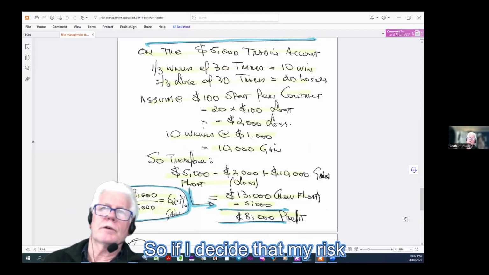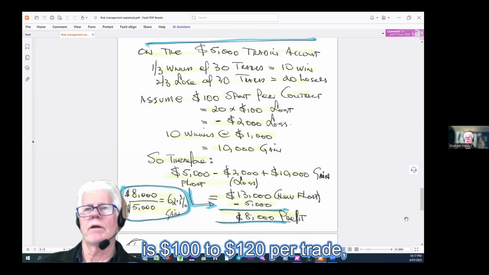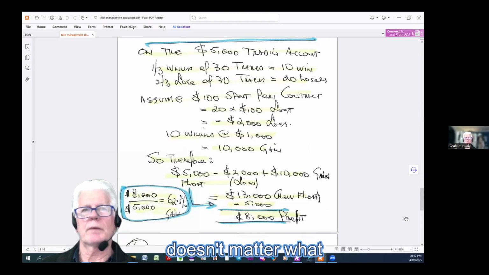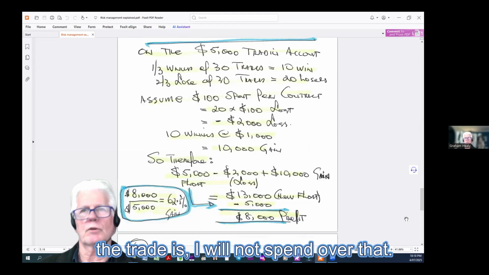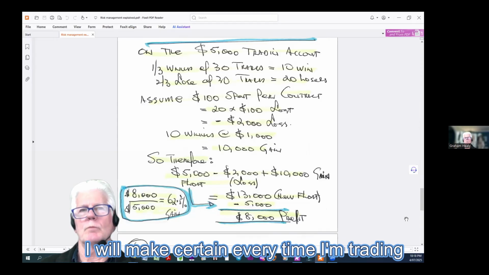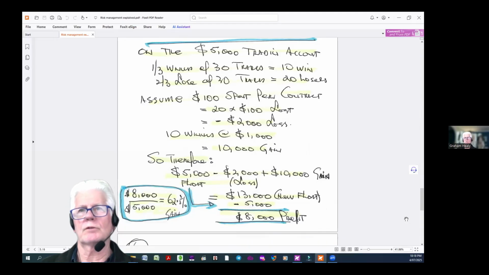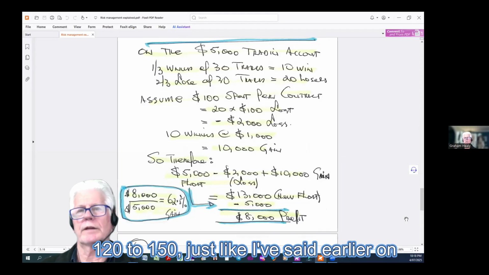So if I decide that my risk is $100 to $120 per trade, which it is on a $5,000 account, maybe $150 at the most, doesn't matter what the trade is, I will not spend over that. I will make certain every time, on every single trade that I do, that I do not risk any more than that $150, $120, $100, around about that. The average would be about $120 to $150, just like I've said earlier on.